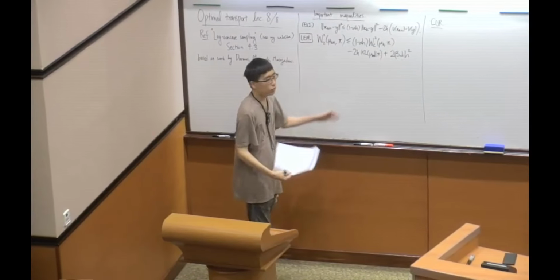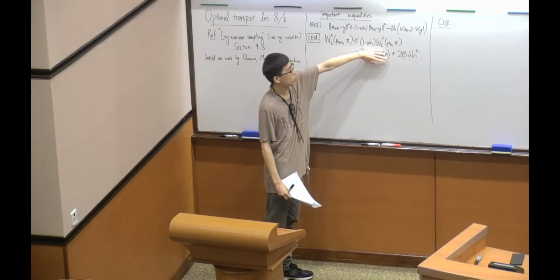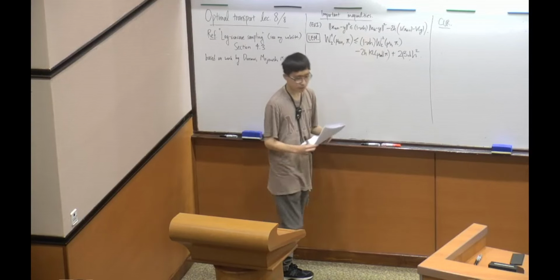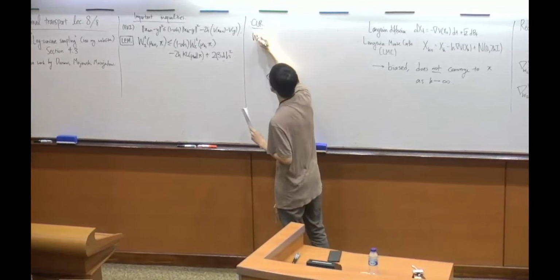Good, but one quick corollary of this is that this KL is always non-negative, so let's just drop it and then iterate this inequality. So what happens if you iterate it?